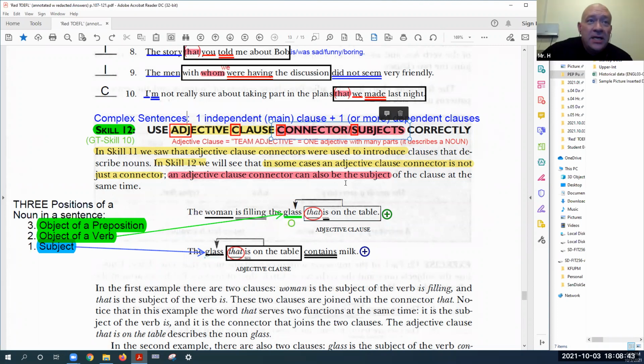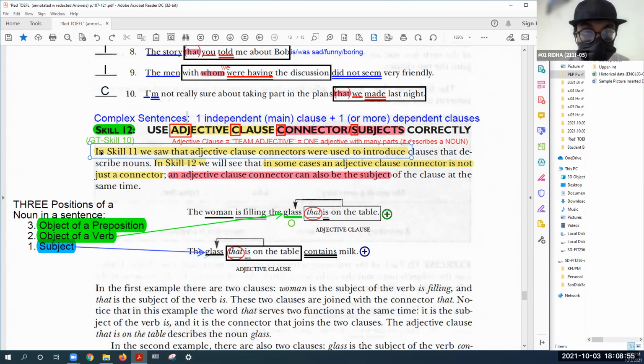Let's read here. What does it say in skill 11? In skill 11, we saw that adjective clause connectors were used to introduce clauses that describe nouns.